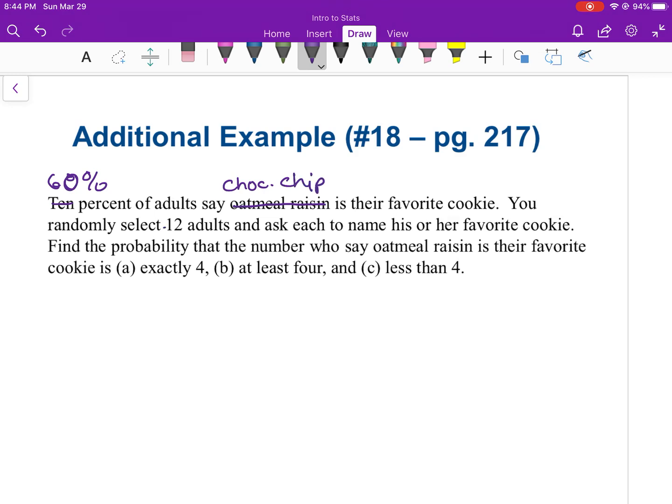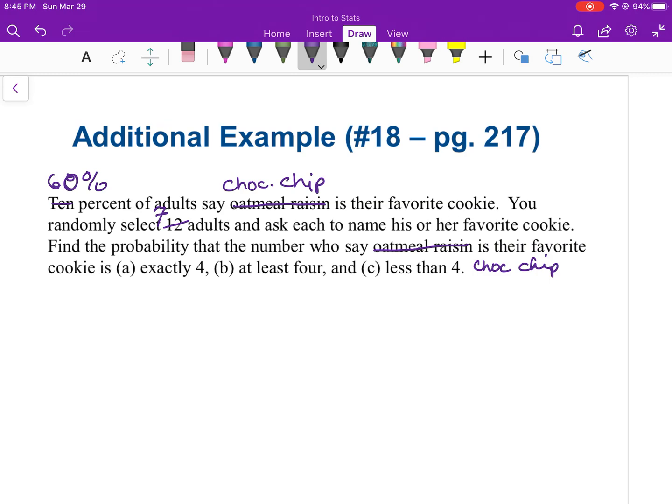And we're only going to select 7 adults for our problem. And let's see, we want to find the probability who say chocolate chip is their favorite cookie. We're going to do exactly 4, at least 4, and then less than 4.